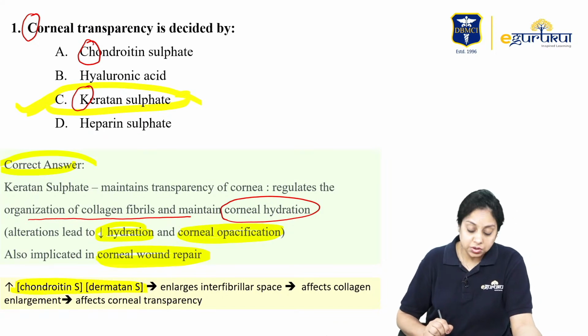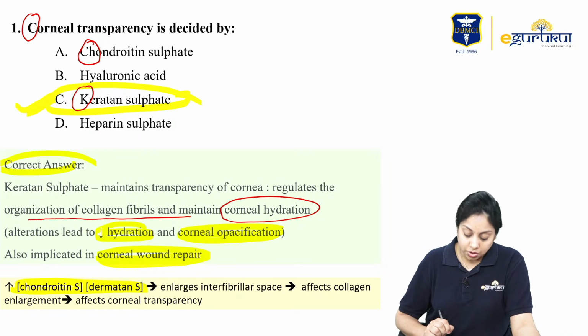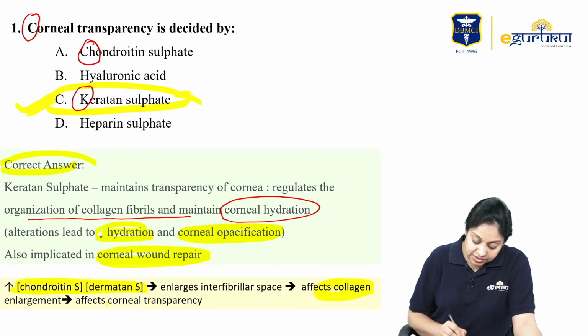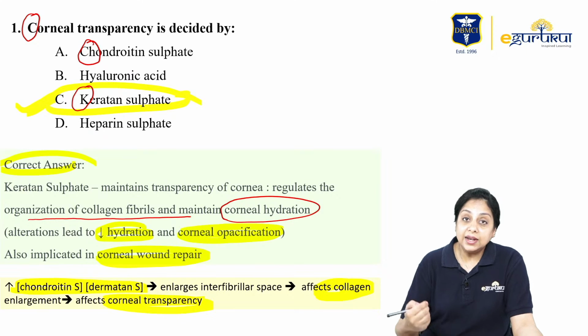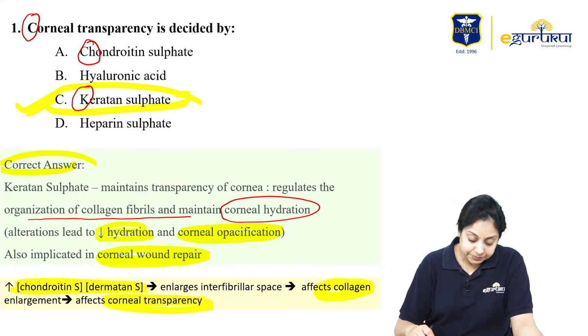As I have told you, the first choice, chondroitin sulfate, is not the correct choice for this. Dermatan sulfate is kind of an isomer of chondroitin, right? It participates in collagen. It does affect the collagen and it also does affect corneal transparency. But keratan sulfate is majorly responsible for corneal transparency. So pick keratan, corneal, don't pick co.